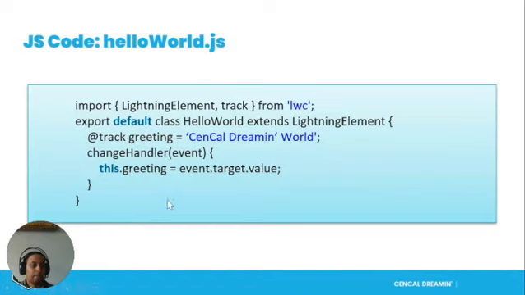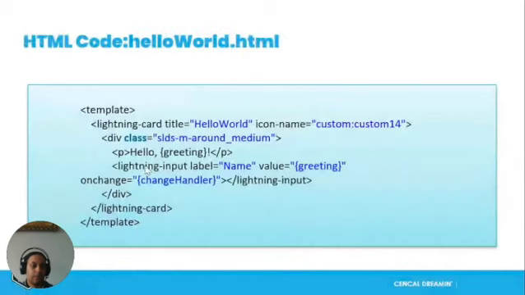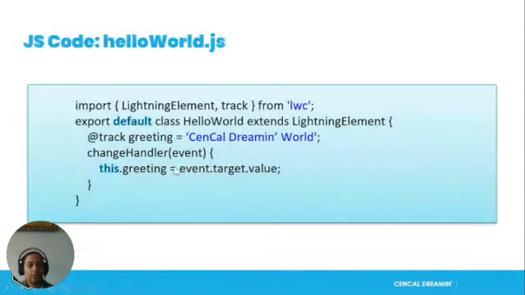After that, we use this word, changeHandler. This is a function. If I go back, this is onchange. When I change my value, I call this method changeHandler. And when I call this function, I put a new value on the greeting property. So the text will be the so-called Dreamin world.